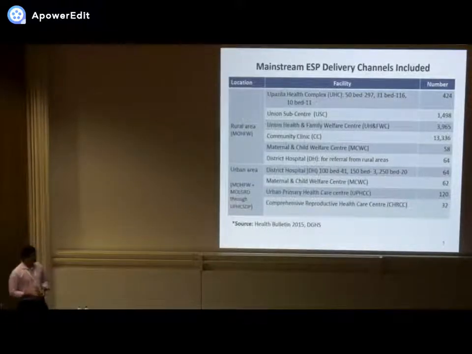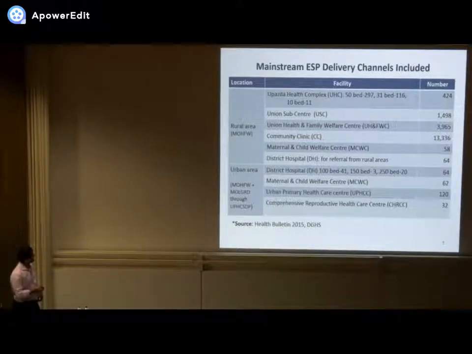This is the mainstream service provider from the government part. In rural areas, we have the Upazila Health Complex that provides some inpatient care and outpatient care, and other facilities like union sub-centers and union health and family welfare centers. These mostly provide outpatient care. The district hospital is located in urban areas, but it works as a referral facility for these hospitals.